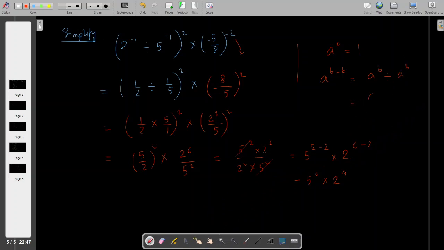Now what if a to the power b, we can write it like this, right? So you cut it, you get 1. That's why anything to the power 0 is always equal to 1. So what do you get? 1 into 2 to the power 4. So 2 to the power 4 is 16. This is the answer.